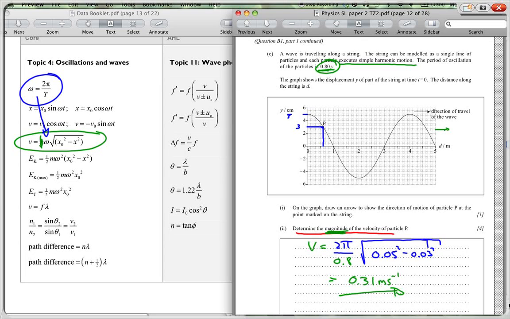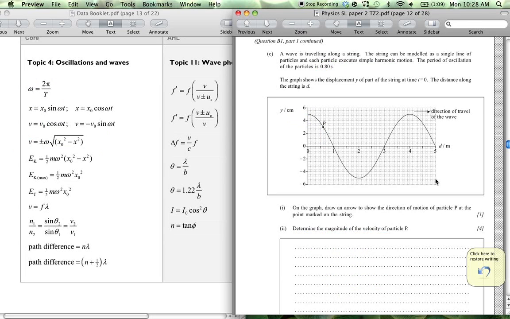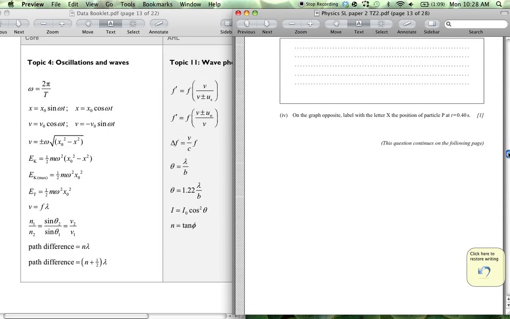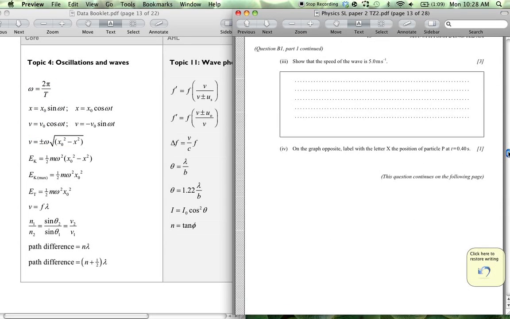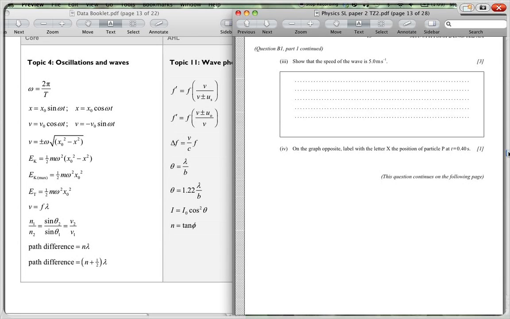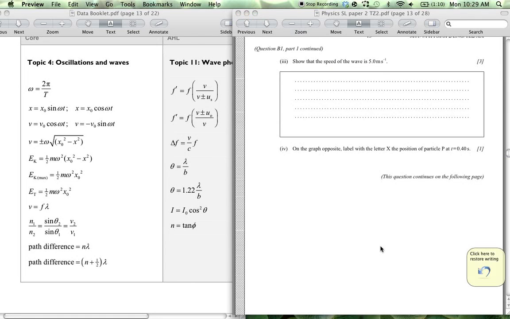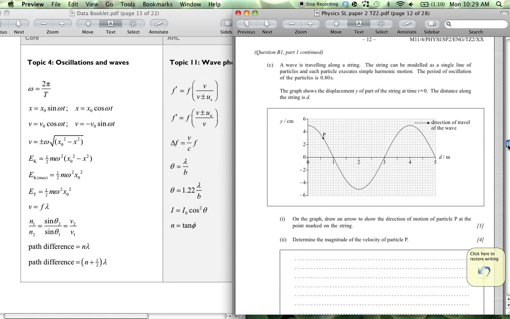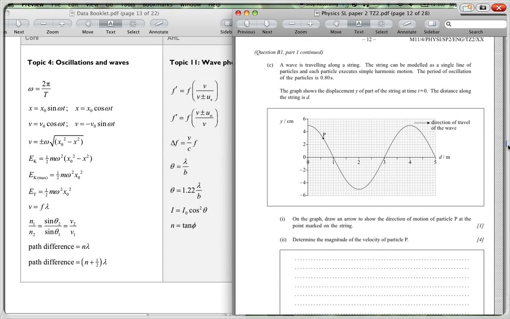So it's quite straightforward if we just use our formula and we understand what each term means. Now finally on here, show that the speed of the wave is 5 meters per second. Looking at this graph over here, you would see that one full wavelength is 4.